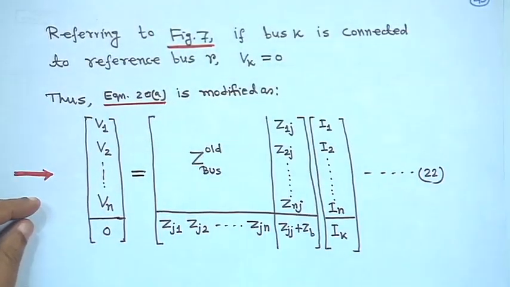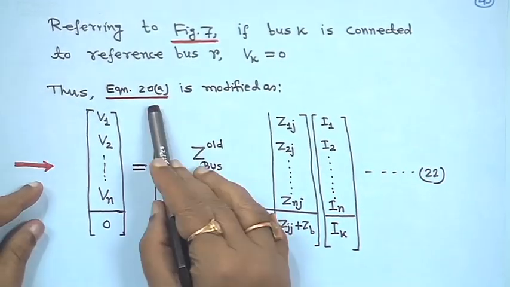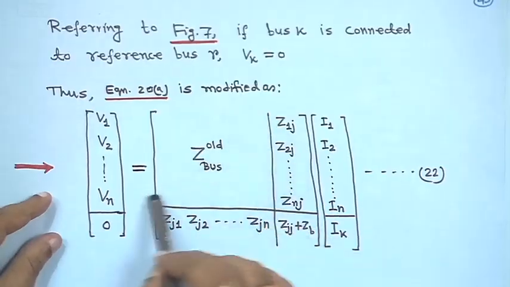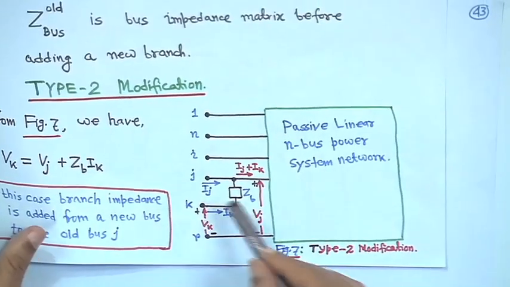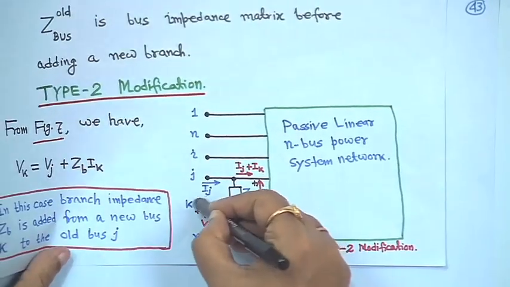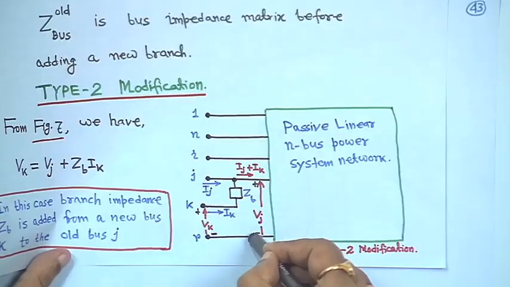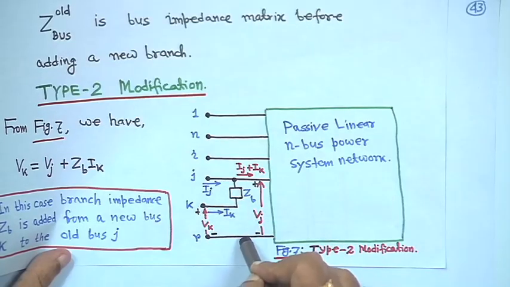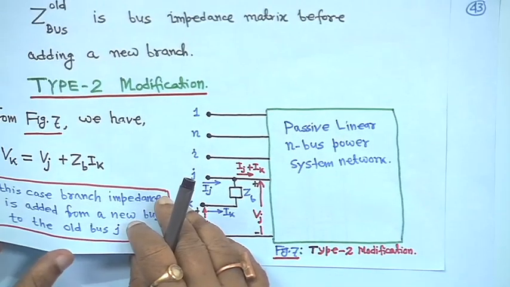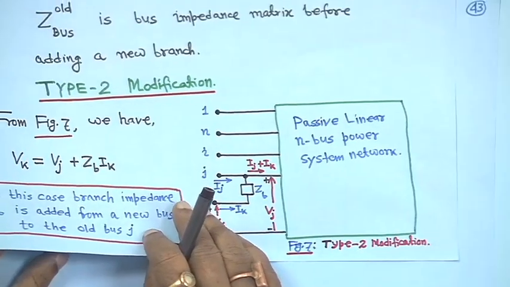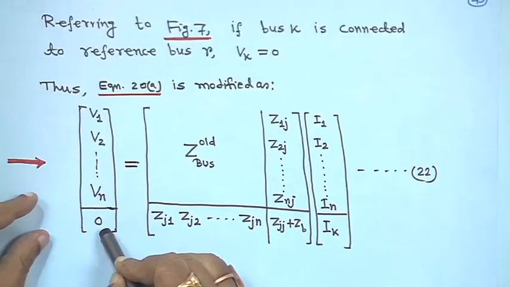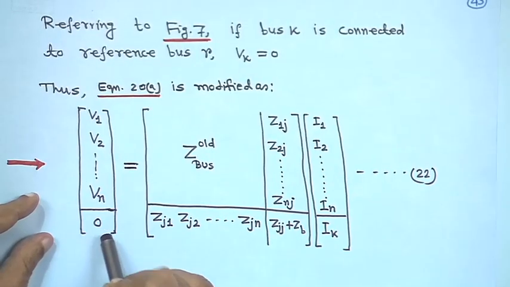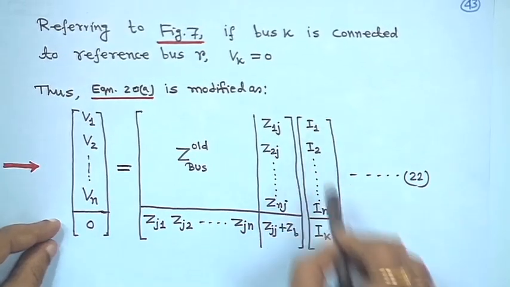So, in this case, the same equation 20a you rewrite, only put Vk equal to 0, because as soon as you bring this node here, the old bus is connected to the reference bus, which means there is no question of increasing the dimension of the Z bus matrix. So Vk is 0 and the rest of the equation is the same.